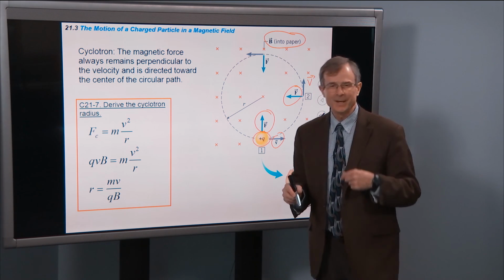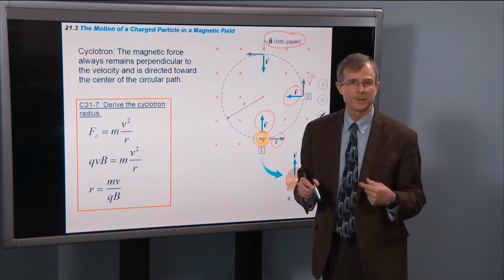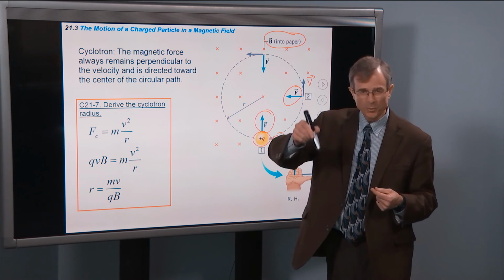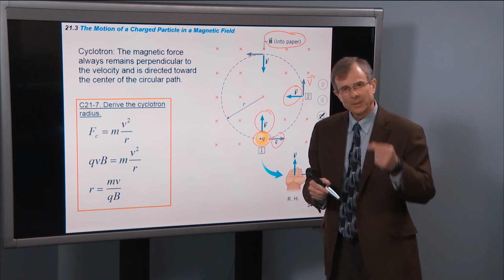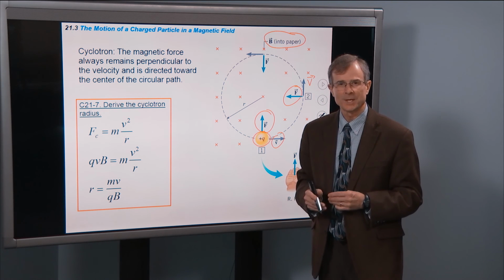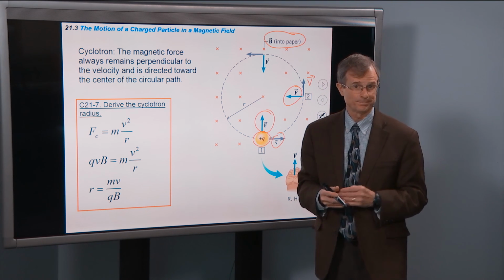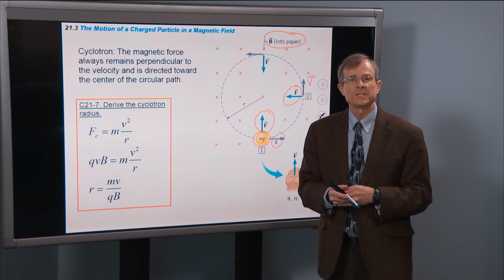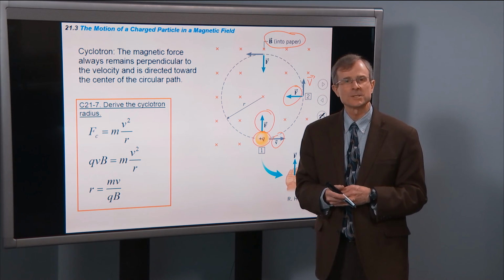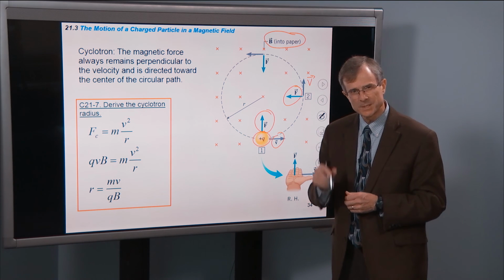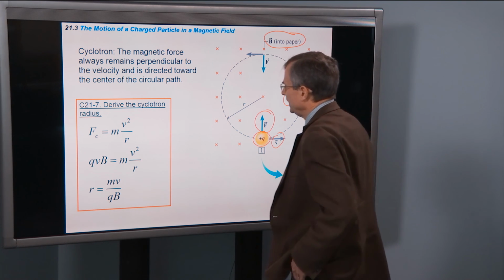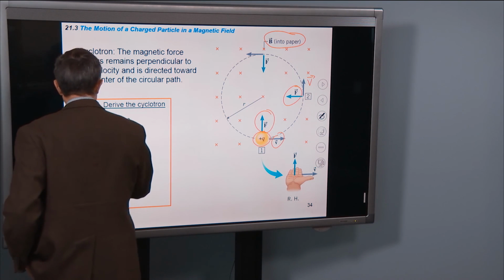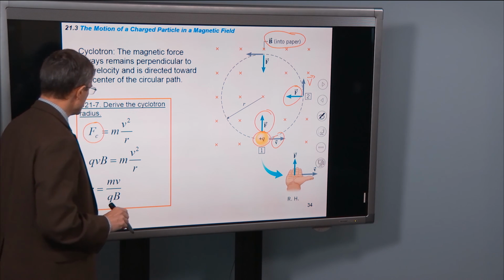When you have an object that's in circular orbit around the Earth, the force always points toward the center of the circle. We have a specific name for those kinds of forces. It's called a centripetal force, a center-seeking force, always toward the center. And we normally denote it as F sub c.